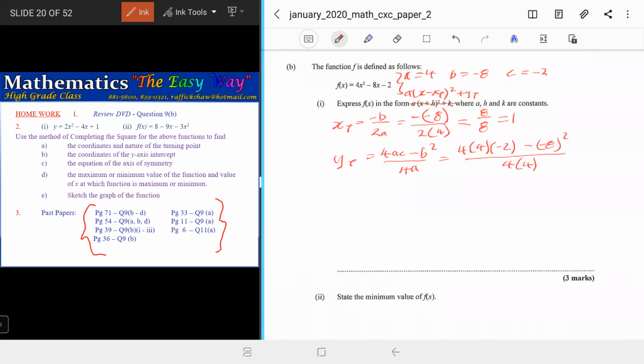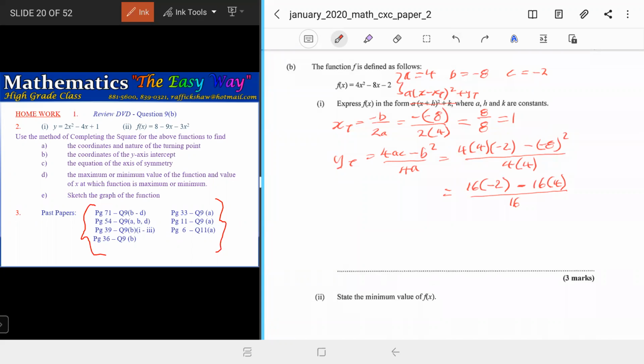Let's work it down. So this becomes 16 times negative 2, minus, this is now 8 times 8, which becomes 64. That's 16 times 4, which is 64. That's the same, right?